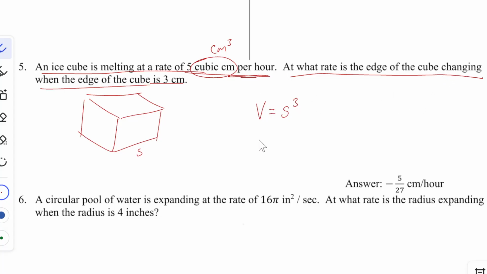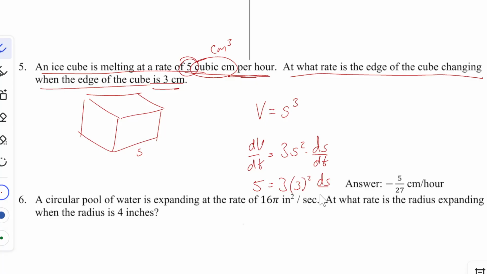Once I have my governing equation, I take the derivative of it: dV/dt equals 3s squared times ds/dt. All right, now I've got some variables. 1, 2, 3 variables, so I can start plugging in numbers. So dV/dt is 5. s is 3.